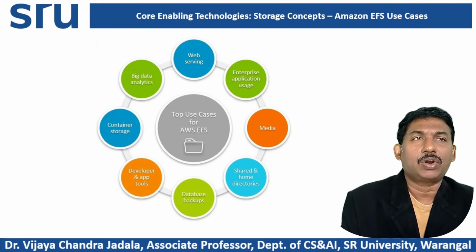It fosters collaboration among development teams. Its elasticity and ability to be accessed by many compute services, that is EC2, ECS, EKS and Lambda, make it highly versatile for modern development pipelines.